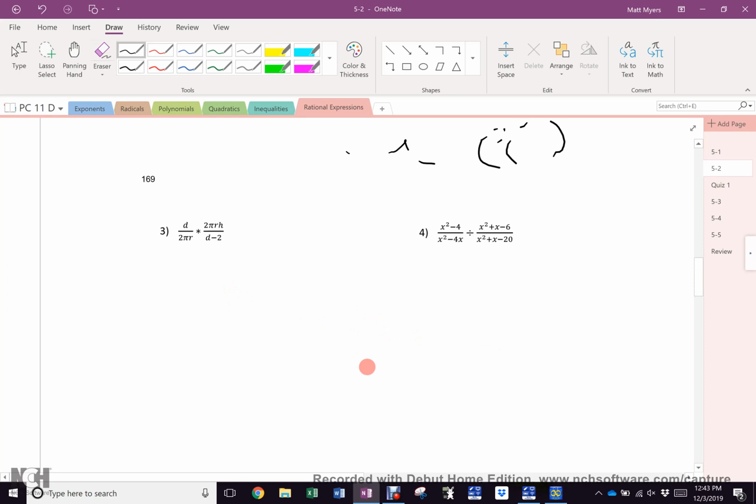All right. So number 4 is weird, yes? Where are my factorables? What is yellow going to become? Absolutely right. What's blue going to become? X minus 4. Divided by.